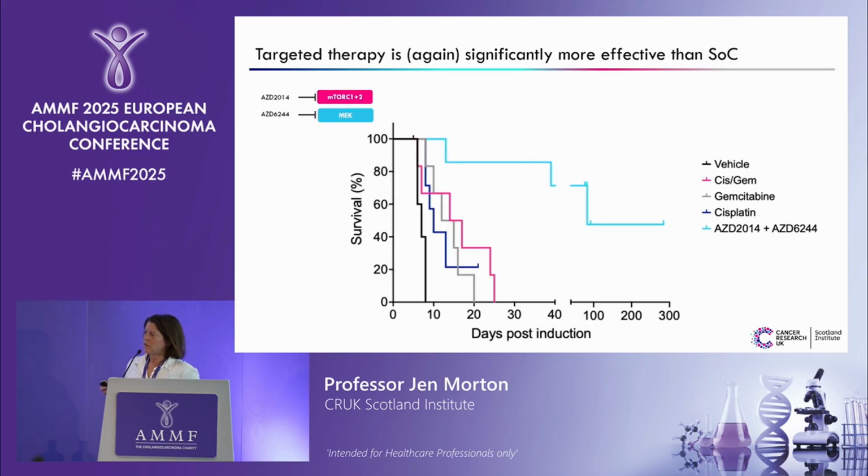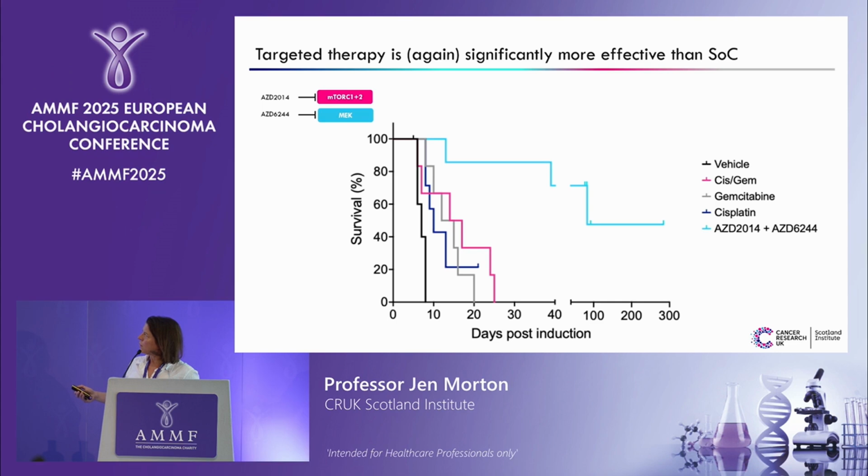So again, we did the same treatment experiments in these mice. Again, we found that the survival of untreated mice is ridiculously short. Standard of care chemotherapies have negligible benefit, but our targeted therapy is actually pretty impressive in terms of survival.